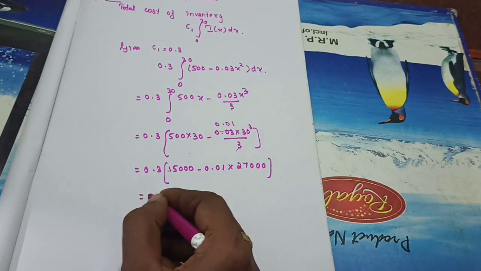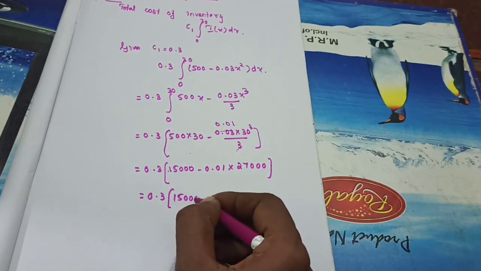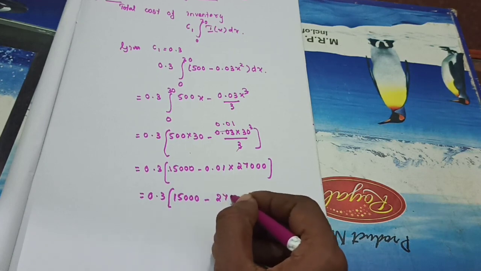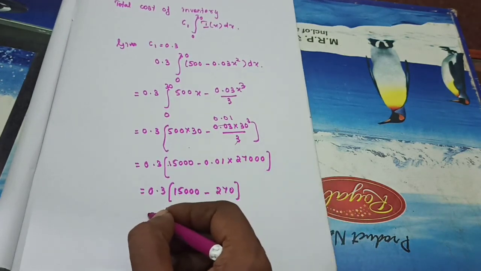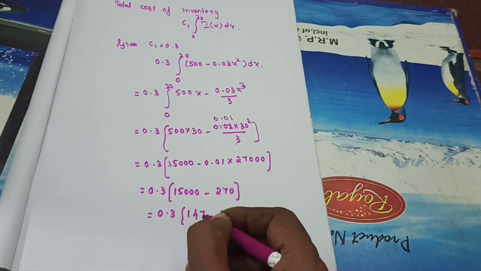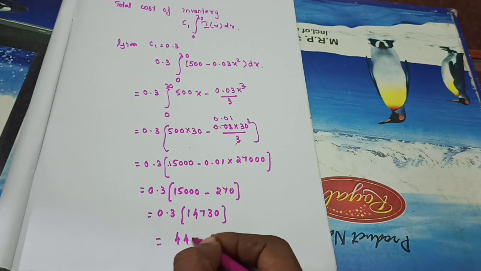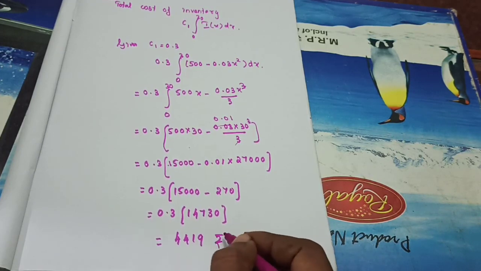Then simplify: 0.3 into 15,000 minus 270, that's equal to 0.3 into 14730, which equals 4419 rupees.